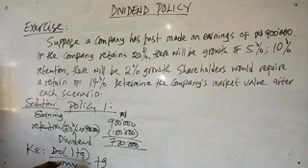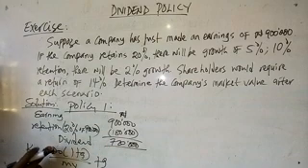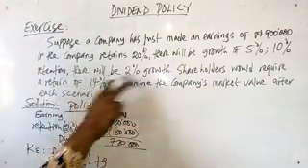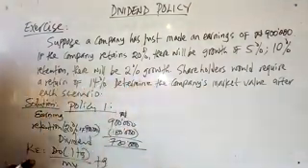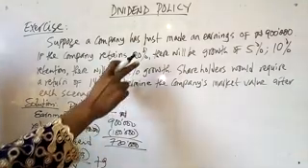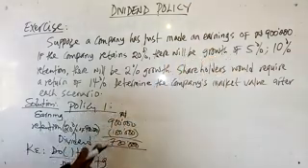Likewise, in this case, D0 is the current dividend. We are given the cost of equity, that is the return required by shareholders, which is 14%. We have the growth rate; the growth rate given to us in policy 1 is 5%.